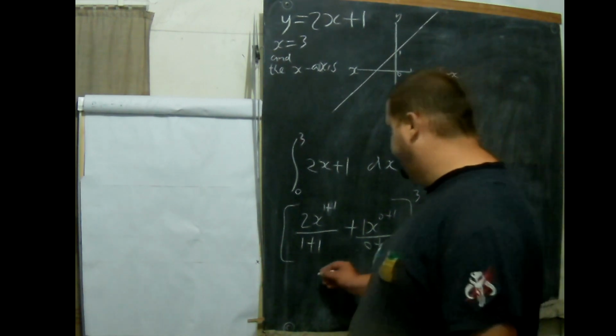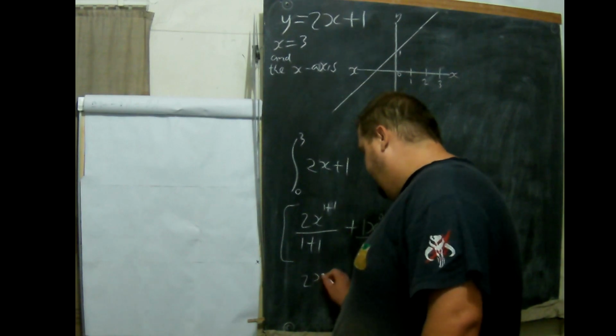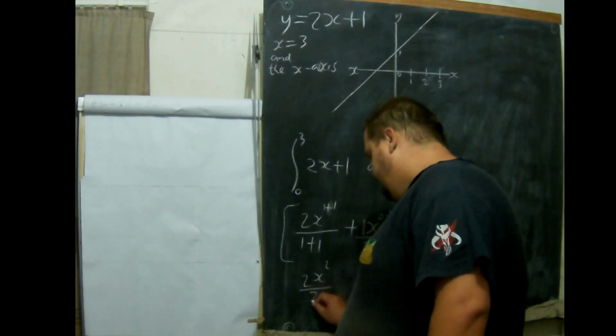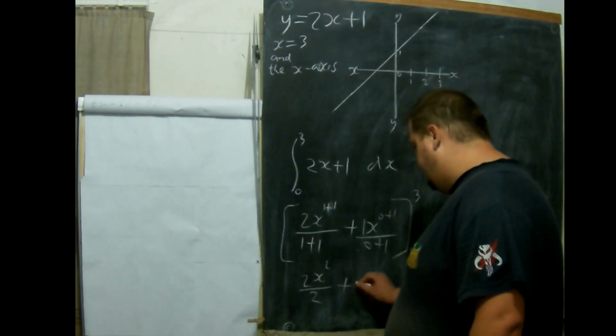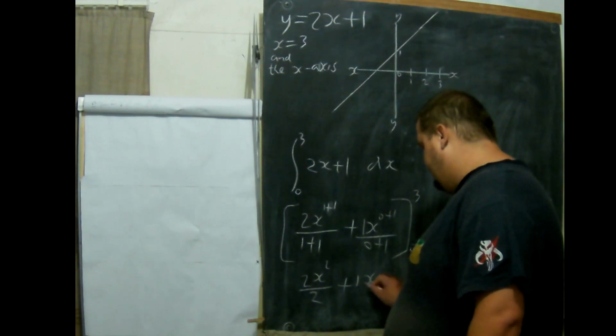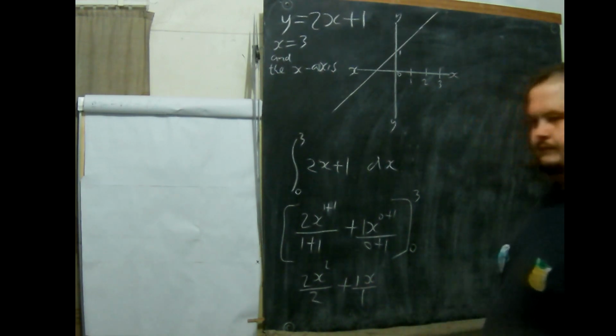So this is 2x squared over 2 plus 1x over 1.